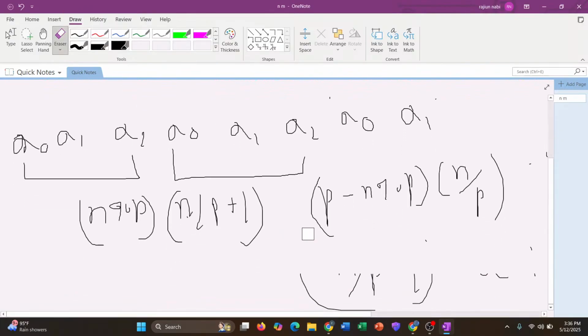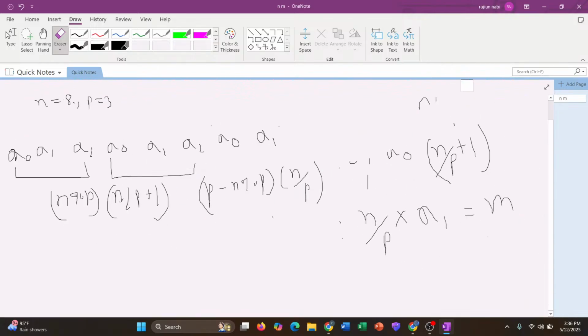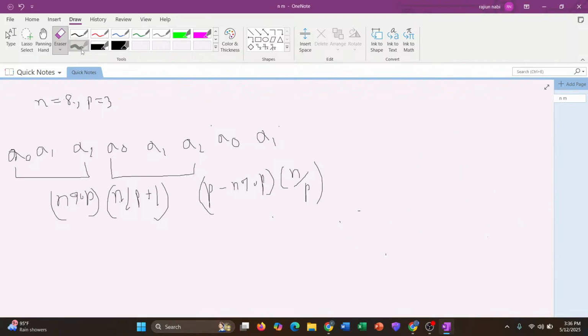So if we rewrite this, the first n percentage of p, the remainder p elements, will occur n by p plus 1 times. Here n is equal to 8 and p is equal to 3, so n divided by p plus 1 is 8 divided by 3, which is 2, plus 1, 3 times.